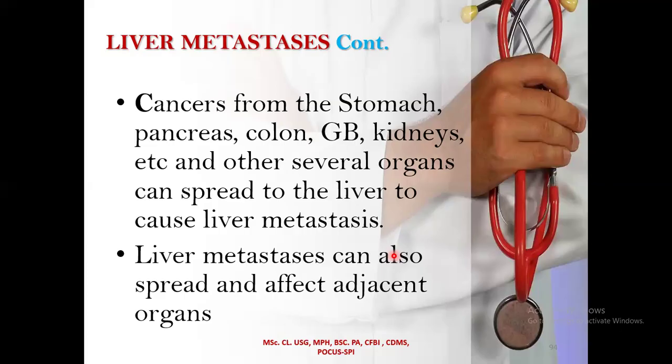But I said that the pancreatic head is the most common site, to move cancer from there to the liver, and from the liver to the pancreatic head. The stomach is also one of the commonest sites. So liver metastasis can also spread and affect adjacent organs.